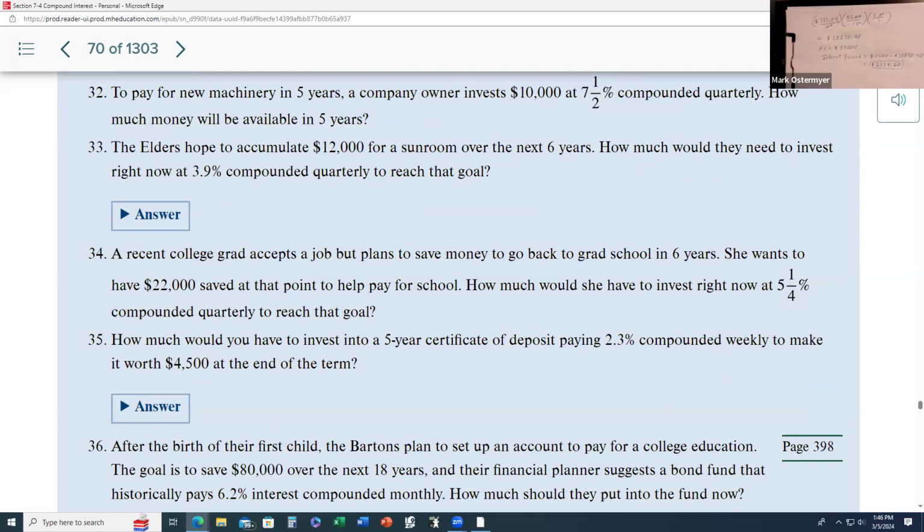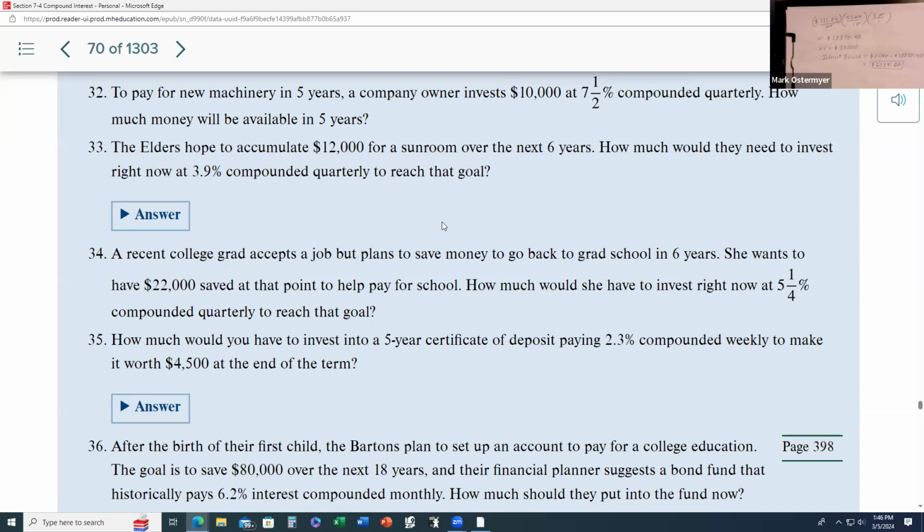Okay, let's not do that problem. 33. In fact, you can do 33 maybe for classwork number 1. The elders hope to accumulate $12,000 for a sunroom over the next 6 years. How much would they need to invest today, right now, at 3.9% compounded quarterly to reach their goal?